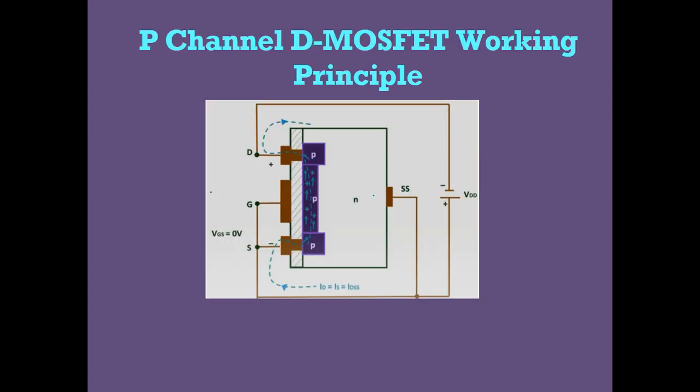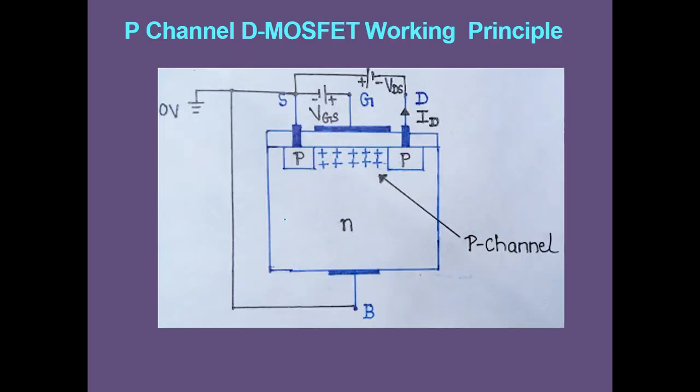The working principle is the same. Even if the gate source voltage is 0 and the drain voltage is negative, what happens? The positively charged holes present in the source will be attracted towards this negative polarity, thereby diffusing a channel. Knowingly or unknowingly, a channel is being created, right? And this condition is explained.